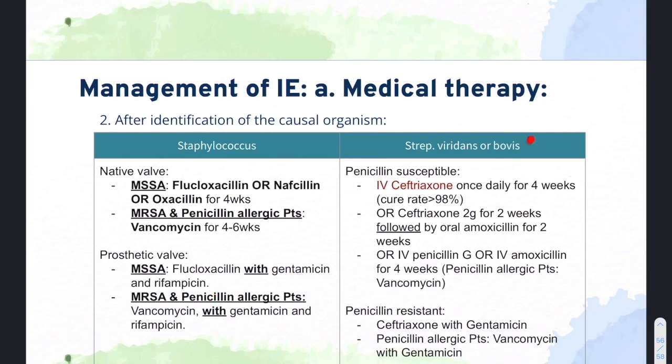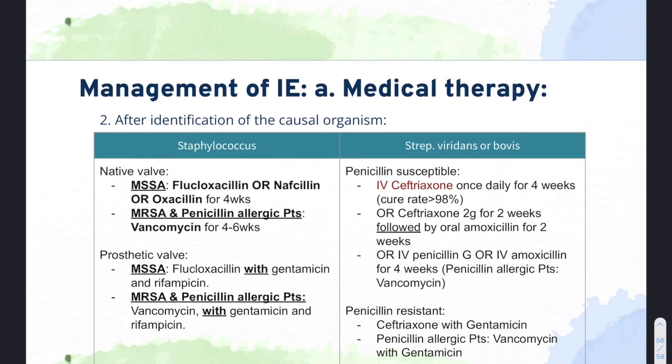If the organism was Streptococcus viridans or bovis and penicillin susceptible, the first choice would be IV ceftriaxone once daily for 4 weeks, or ceftriaxone 2 grams for 2 weeks, followed by oral amoxicillin for the next 2 weeks. So in total would be 4 weeks, or IV penicillin G or IV amoxicillin for 4 weeks.